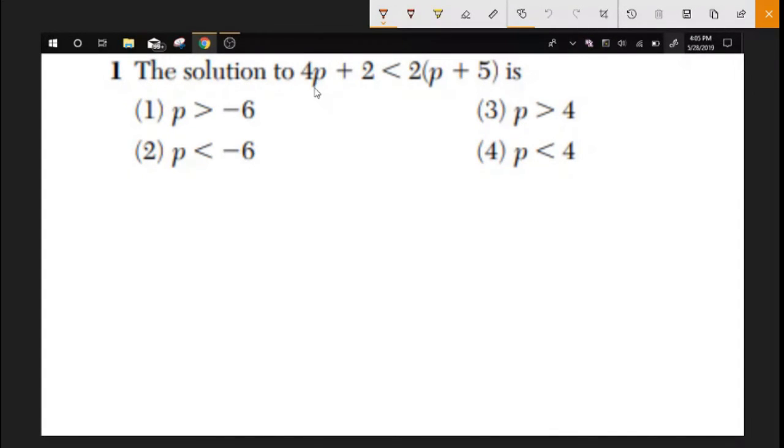Alright, so the solution to 4p plus 2 is less than or equal to 2 multiplied by p plus 5. Okay, so what they're having us do is solving for p. And so I'm just going to rewrite this down here.